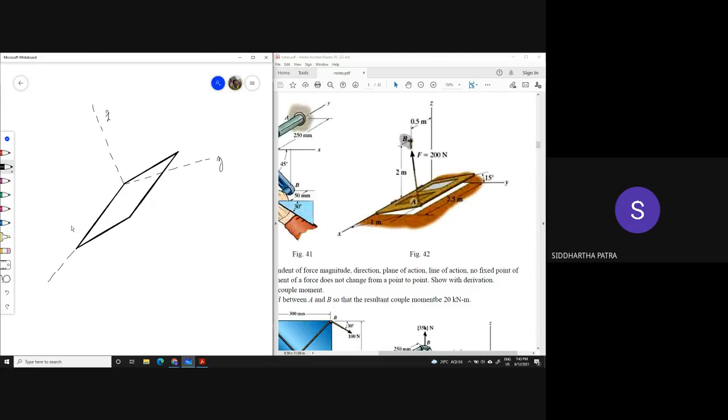This is the z-axis. And this angle right here is 15 degrees.